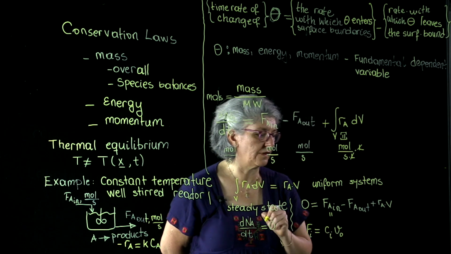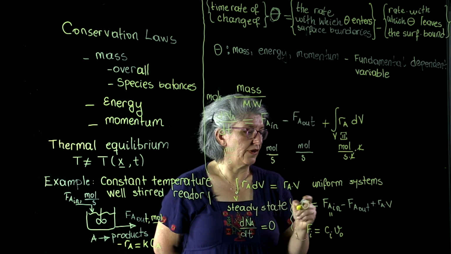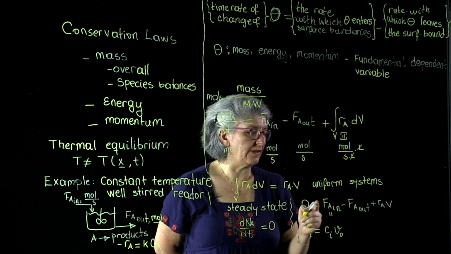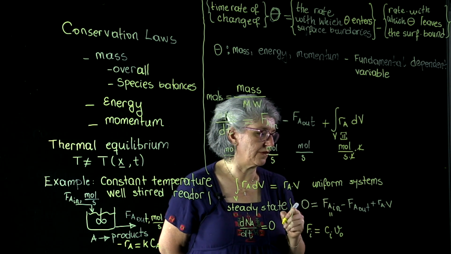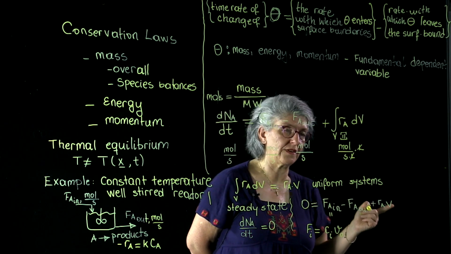I will call it V0. So FA in is going to be CA in times V0. FA out will be CA out times V0.